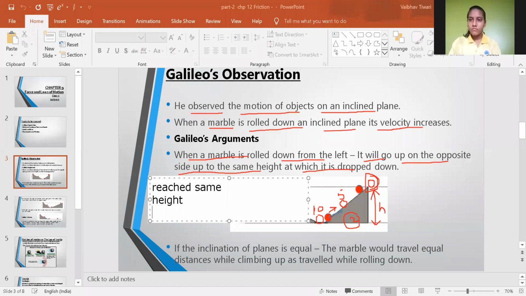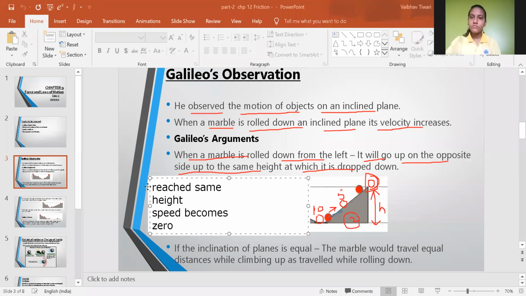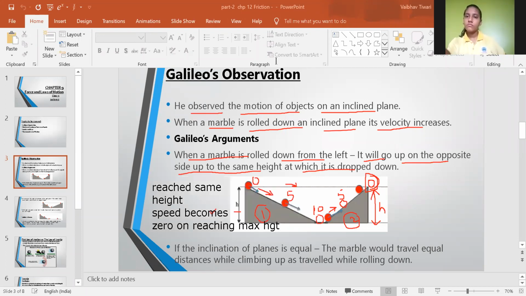Second, the speed becomes 0 on reaching that maximum height. Right? These 2 points we can conclude from this experiment, right?